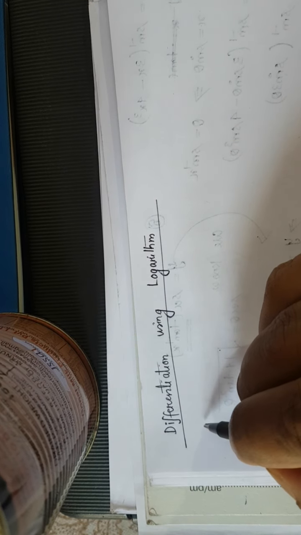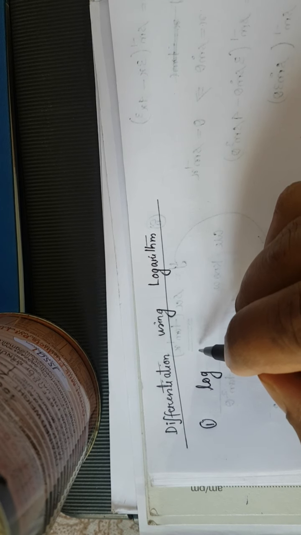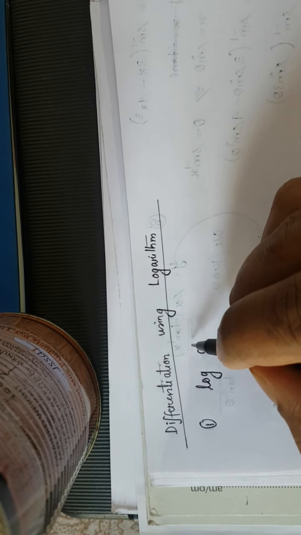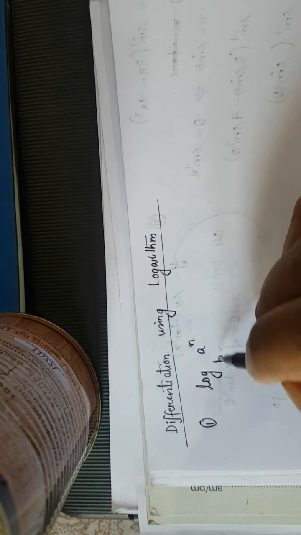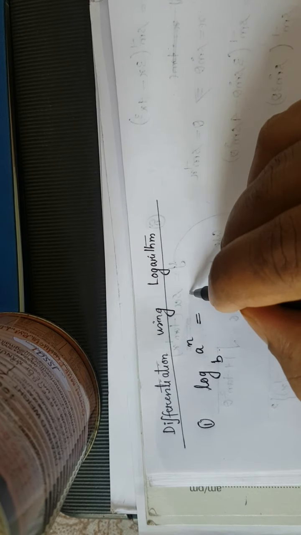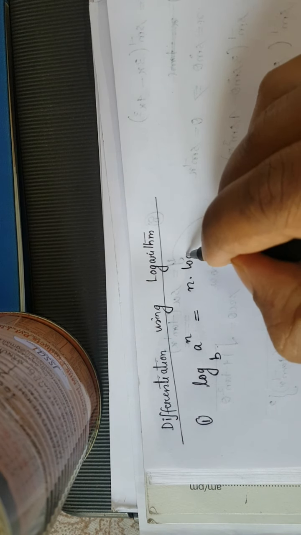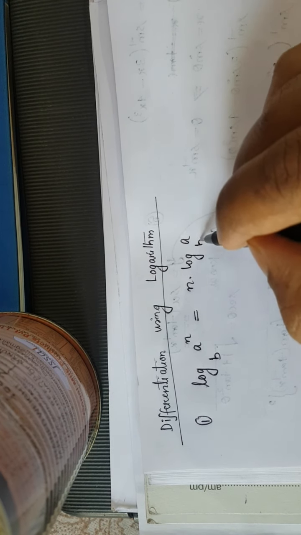First one, number 1, log of a to the power n base b is equal to n times log of a base b.